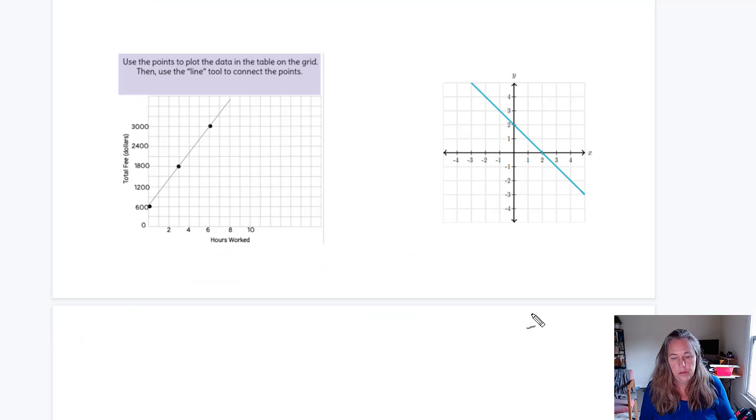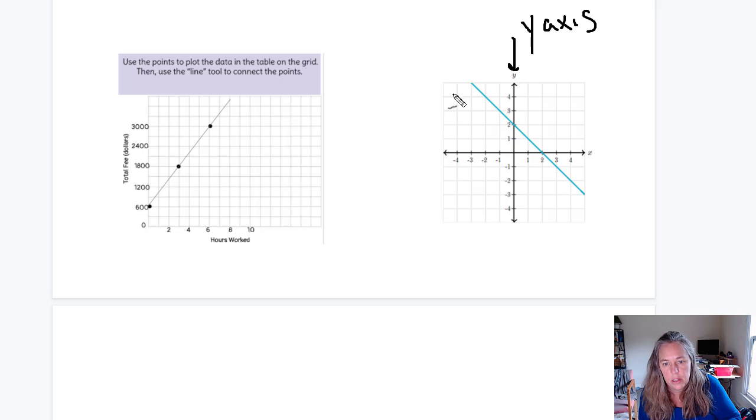Okay, so you don't need to take notes here, but you do need to watch this part. We're going to look at this graph first, the one on the right. Here's our y-axis, and here we have our line coming down. This point right here is the y-intercept.